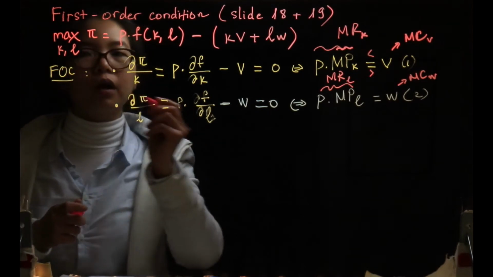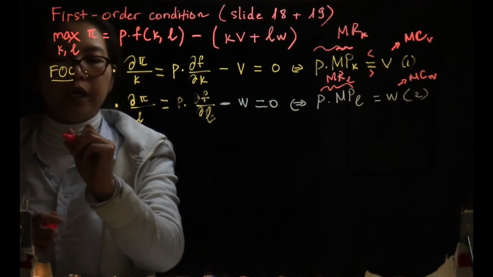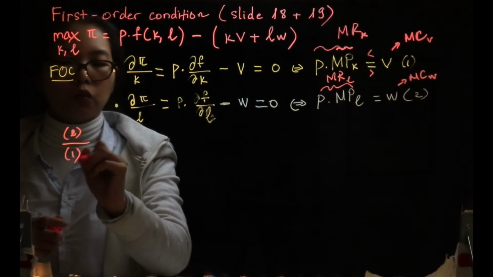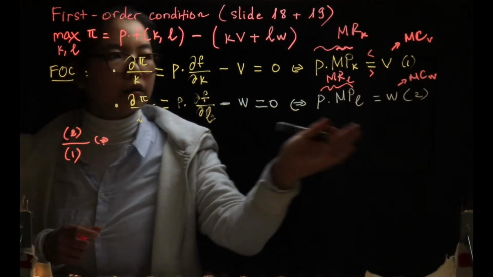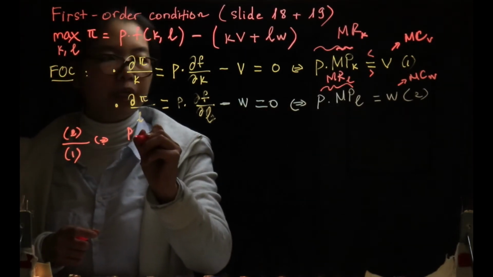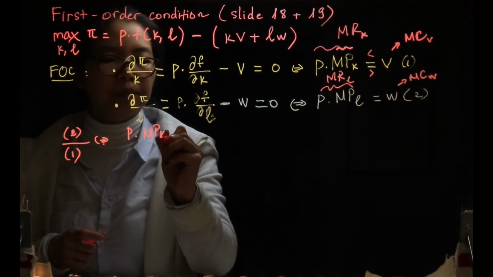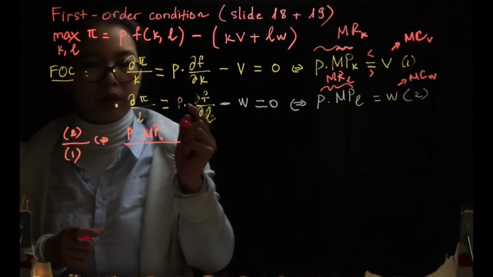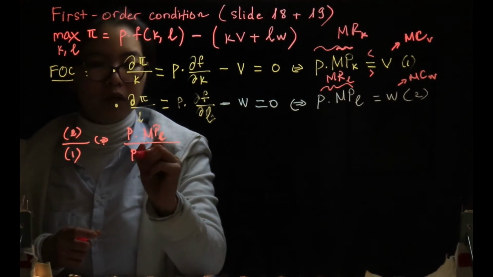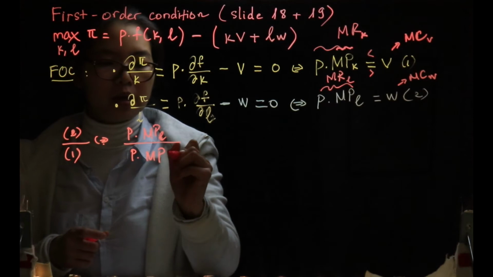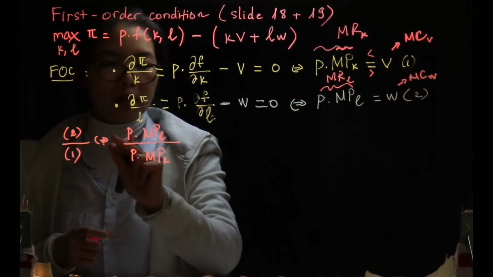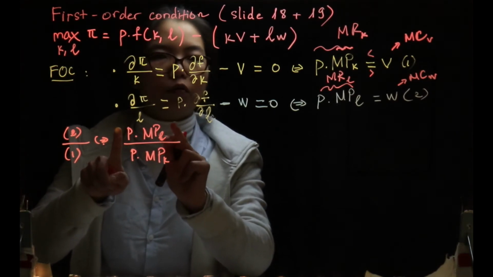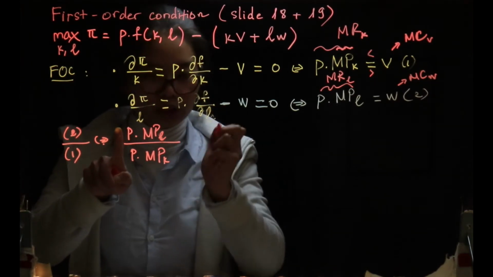Now the second thing I want you to see is, if we divide equation 2 by equation 1, we will get on one side P times MPL, sorry, MPL, because we divide 2 by 1, right? Over P times MPK. And this P and this P are not the same, right? The first one is the market price of output, and the second one denotes productivity.